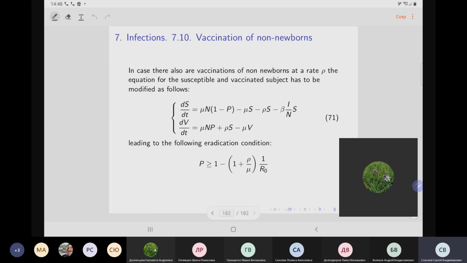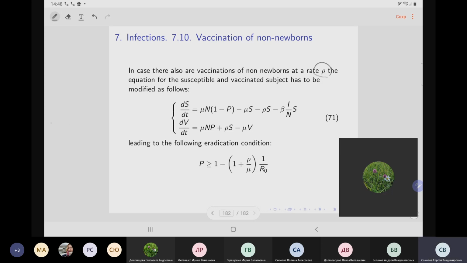And finally, we can consider the vaccination of non-newborns at some rate. The rate is rho. And then the equation will take the following form.